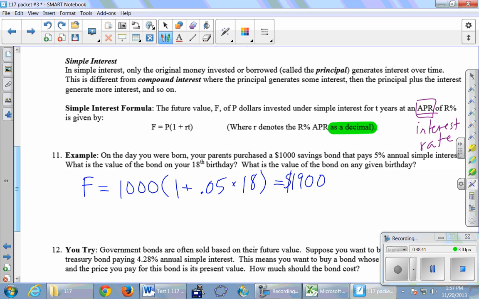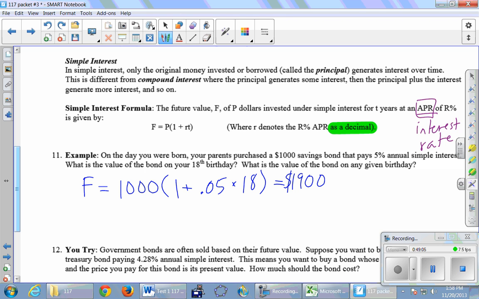That's the 1,000 there. Why is there this 1 plus here? If we multiply this times this, what do we get? 1,000. You still have the 1,000 that your parents put in there, plus the interest that it gained over the course of 18 years. So it's got some different pieces, but I'm hoping it's reasonable.